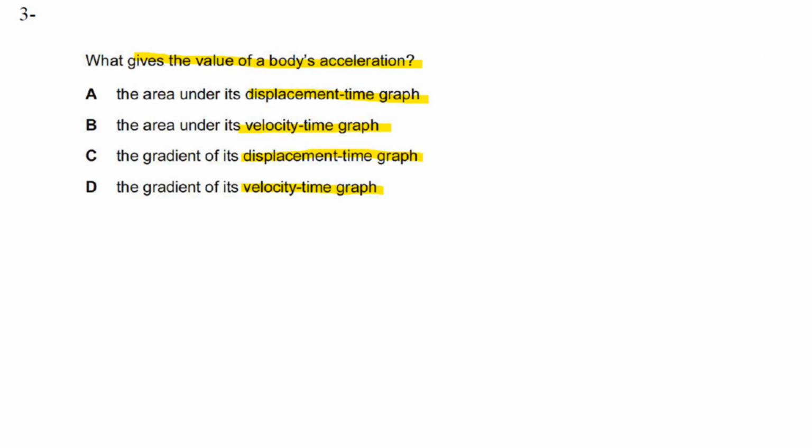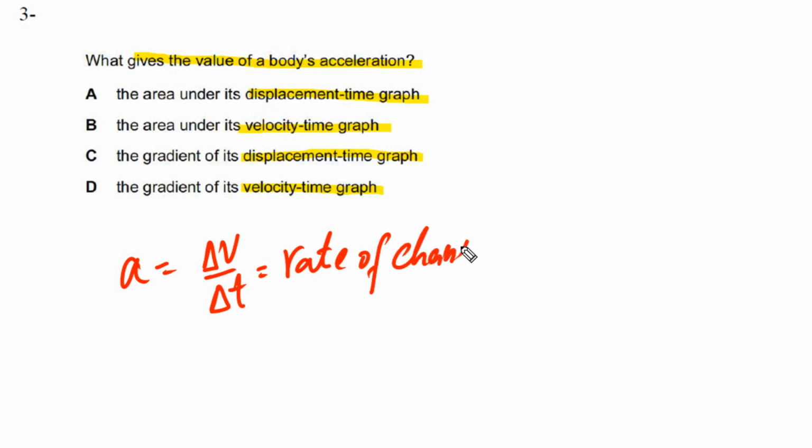So first of all, let's try to understand what acceleration is. Acceleration is equal to delta v over delta t, or we can also say that this is equal to the rate of change of velocity.